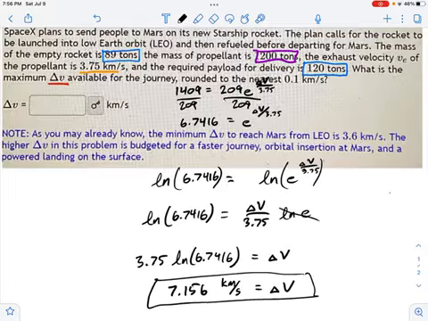In other words, if we're saying how much velocity change will this rocket have, well, that's 7.156 in this case, which is an appropriate amount considering what's being asked for in this problem. Flying from Earth orbit to Mars orbit, it's going to take some fuel.